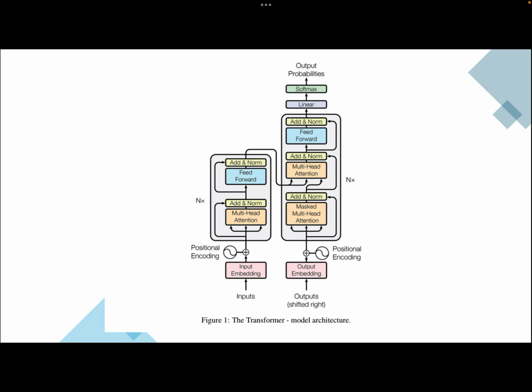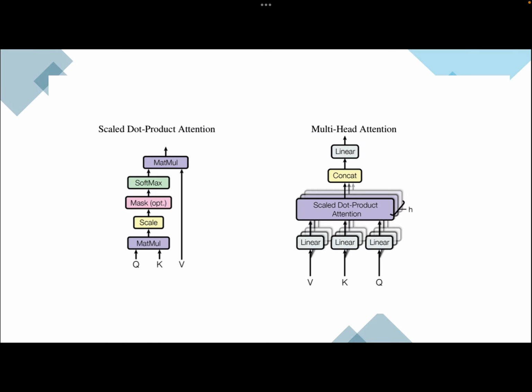Now let's get more clear. As we have seen the architecture of the transformer, now let's see what attention is. On the left side, we can see attention is a multiplication of three vectors, Q, K, and V. We can think we have a sequence of inputs, x1, x2 up to xn, and this is a transformer layer.